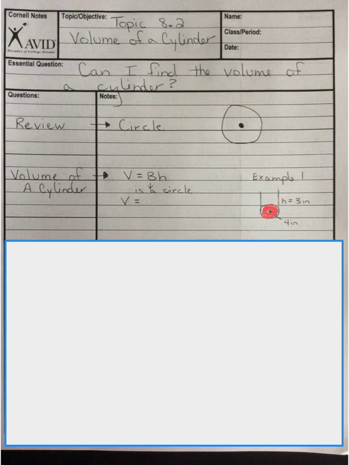Volume equals the area of that circle, which is pi r squared, times the height. Volume equals pi r squared times the height. So you're going to see here that we are going to have r the entire time, not our diameter. We have to have an r.